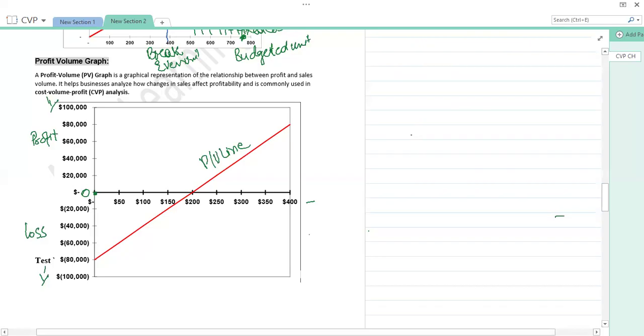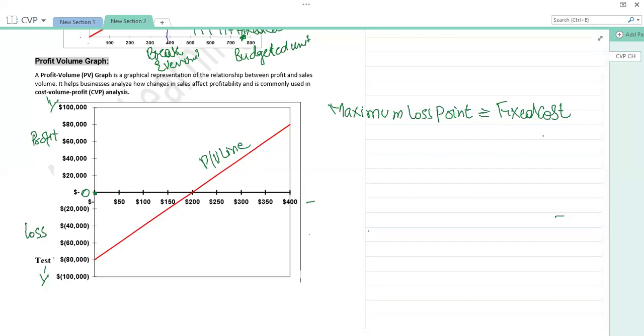When we draw the PV line, or the profit line, we start this line from the maximum loss point. The maximum loss in any organization is equal to fixed cost. So I will start making the PV line from the maximum loss point, and that maximum loss is equal to your fixed cost.